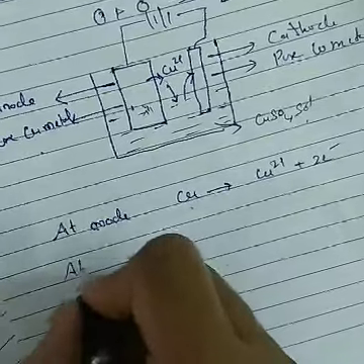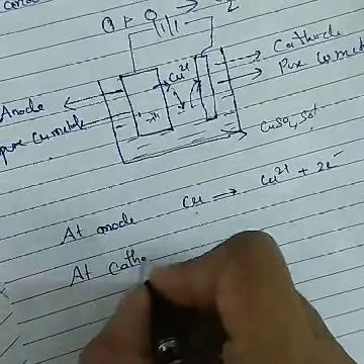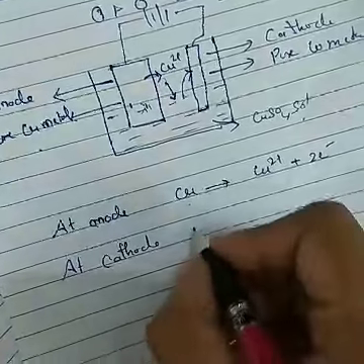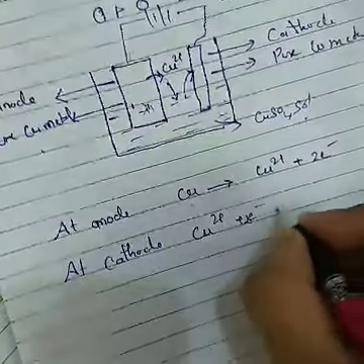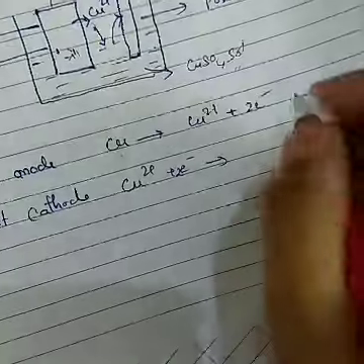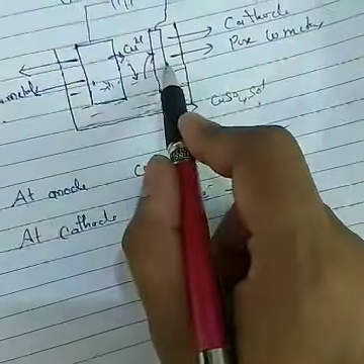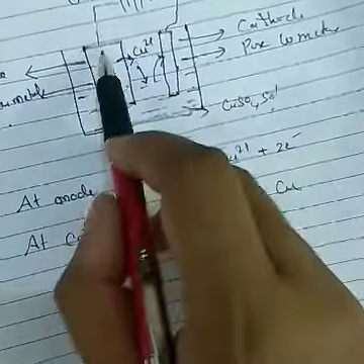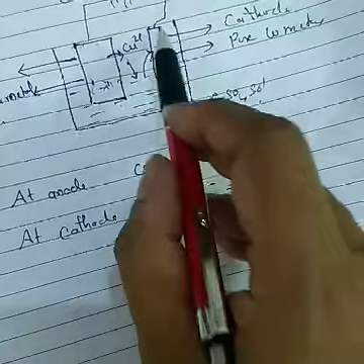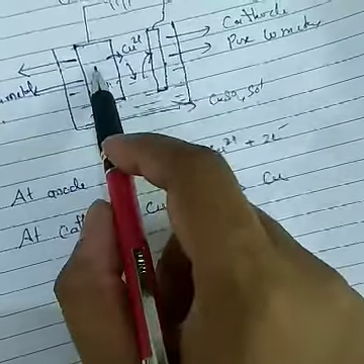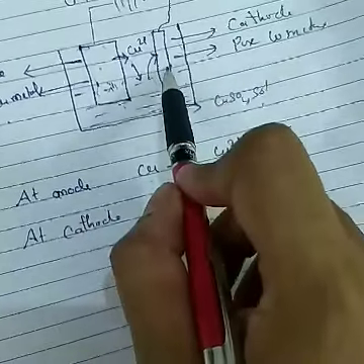Now at the cathode, the Cu2+ ion takes 2 electrons from the solution and changes into copper metal, which gets deposited at the cathode. So the impure metal goes on decreasing, whereas the pure metal goes on increasing. It will become thin, and it will become thick in size.